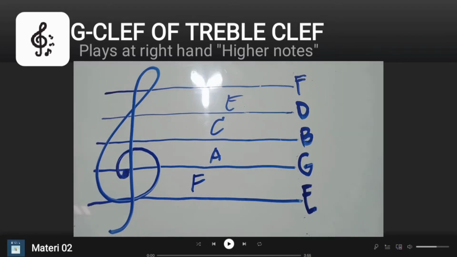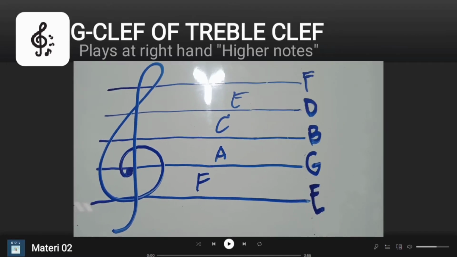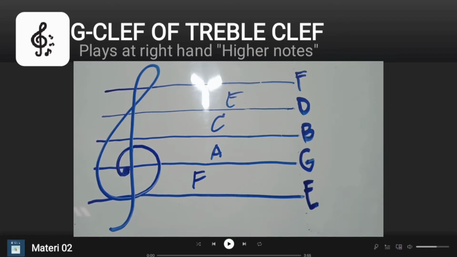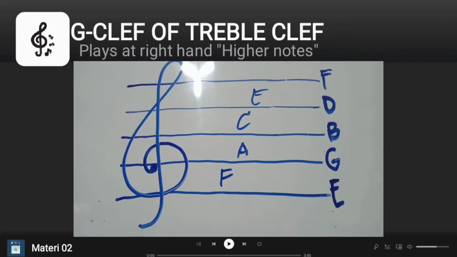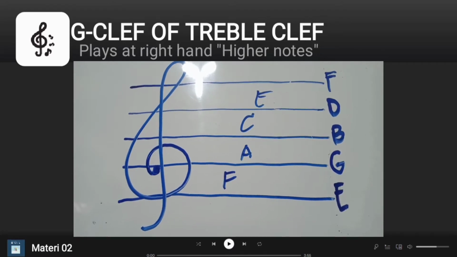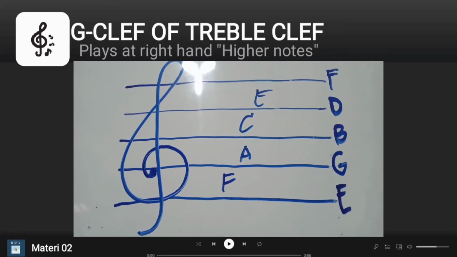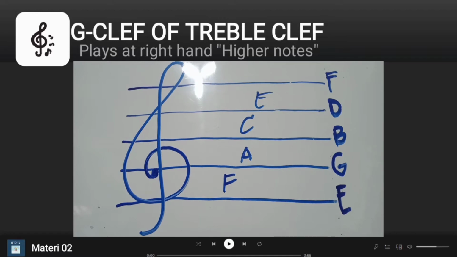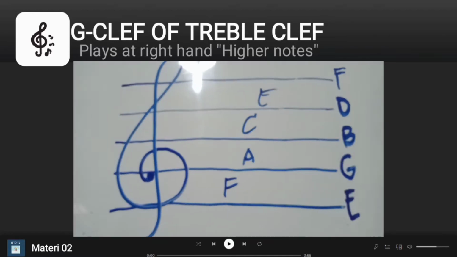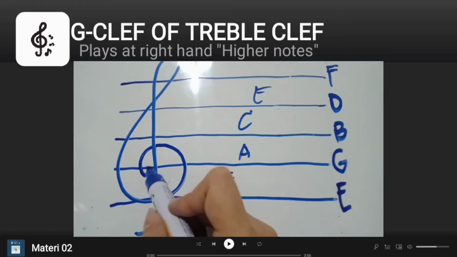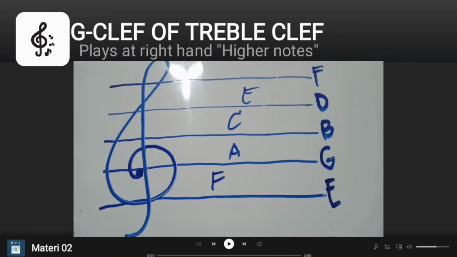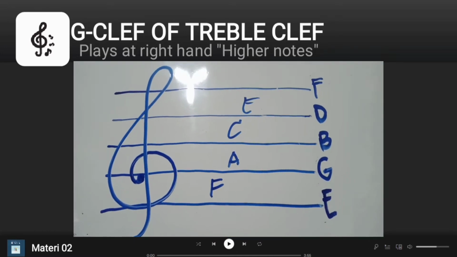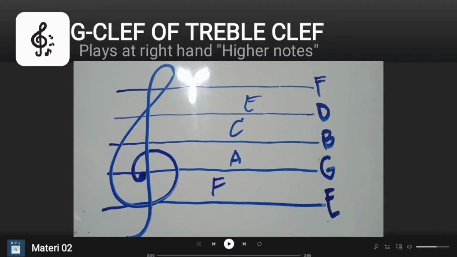So, bakit kaya sinabing G clef itong symbol na to? Okay, so makikita natin dito na yung G clef is yung pinaka hook niya is naka-wrap doon sa second line, which is, anong name ng second line, G, di ba?